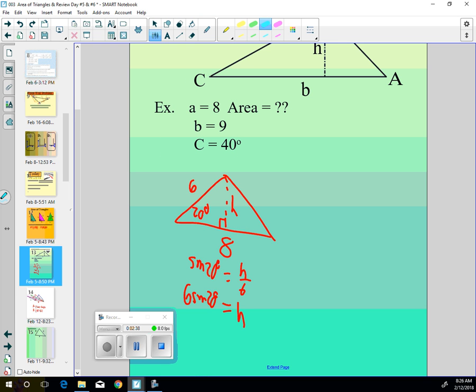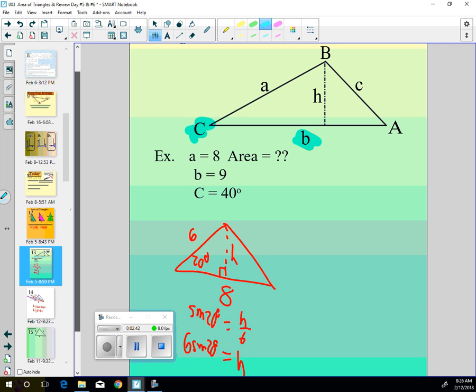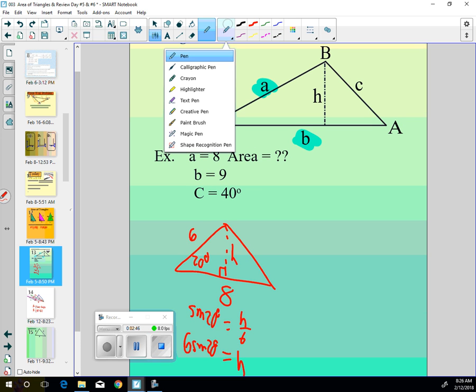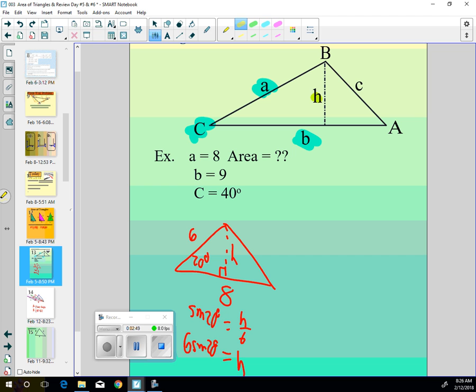We knew C, we knew B, and we knew A, side angle sandwich again. We could find H, right?